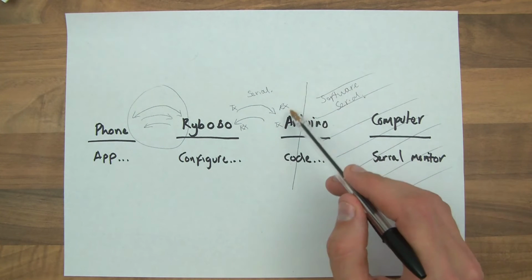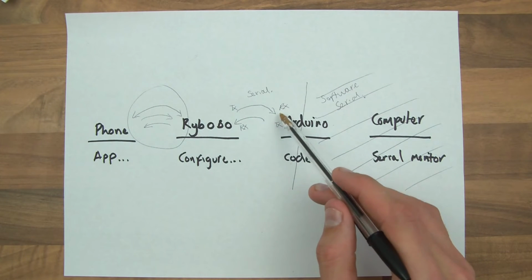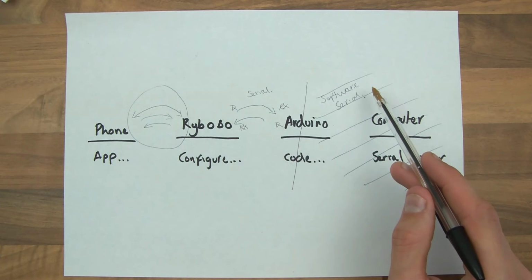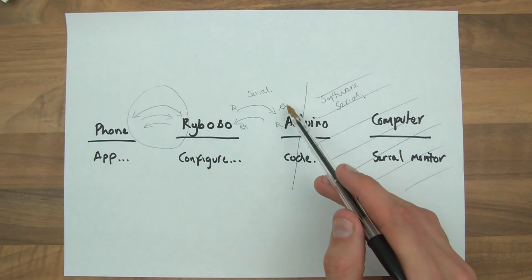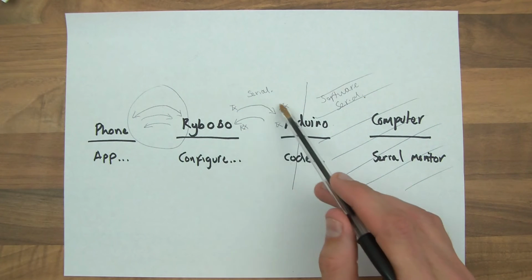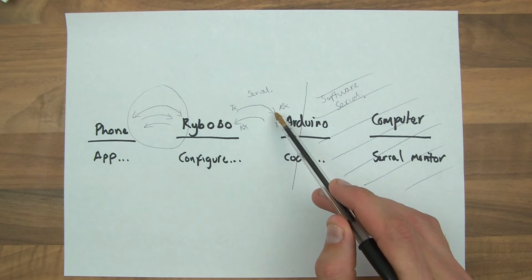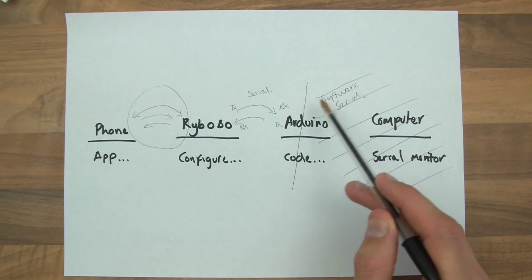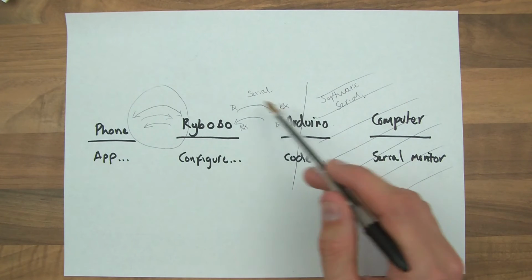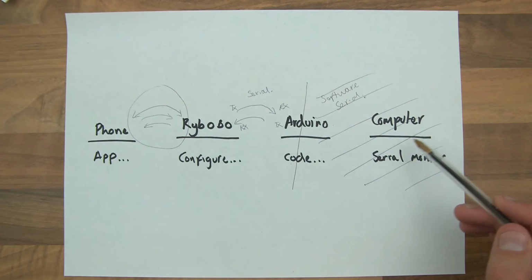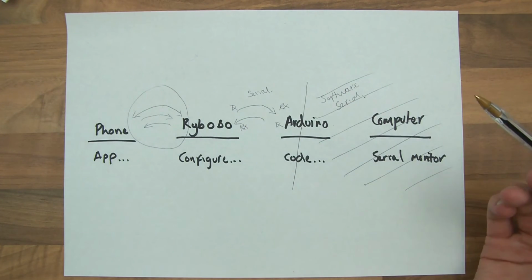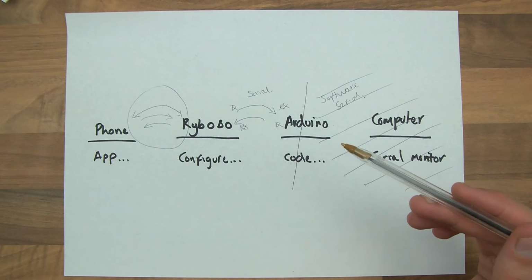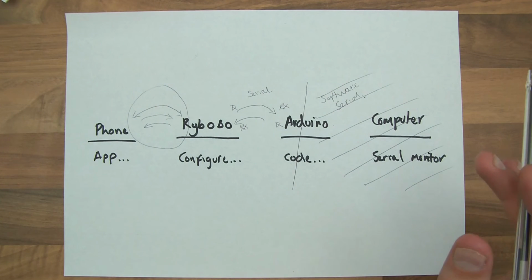But when you have this connected to the computer, you expect that the Arduino is going to show it on the serial monitor, but it won't. You won't get it on a serial monitor because this port's already used. If you want to use your computer to debug and all that sort of stuff, you can, but it's not quite so simple.